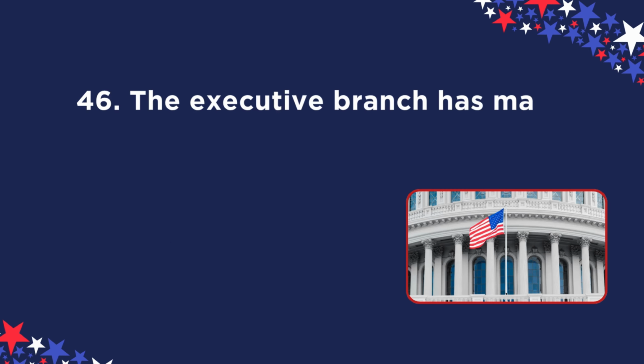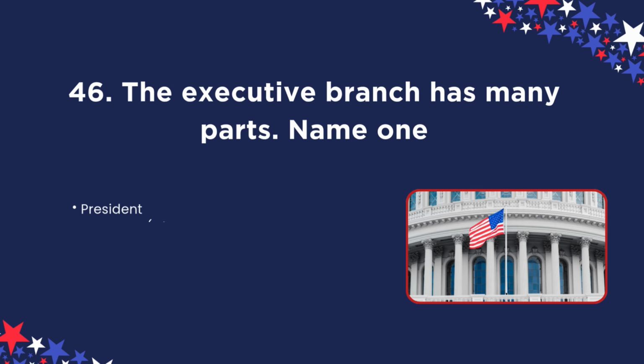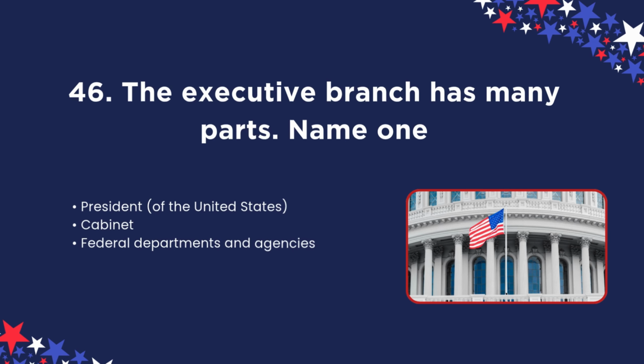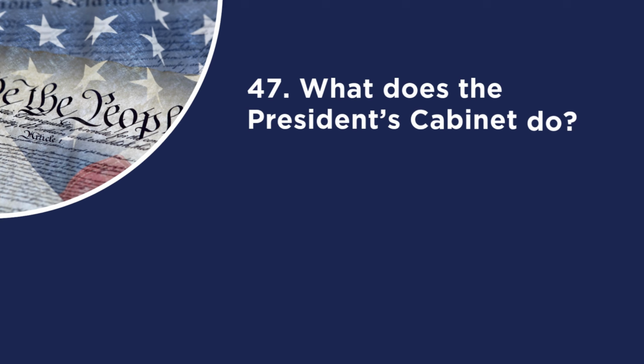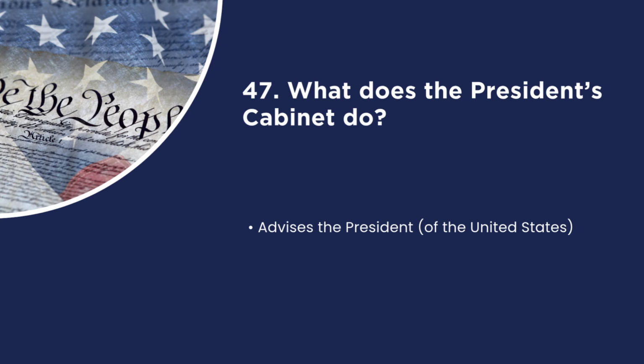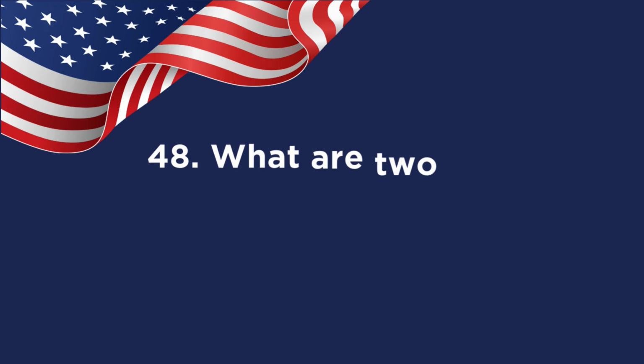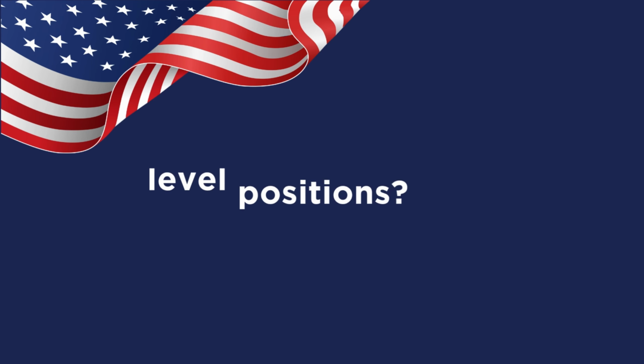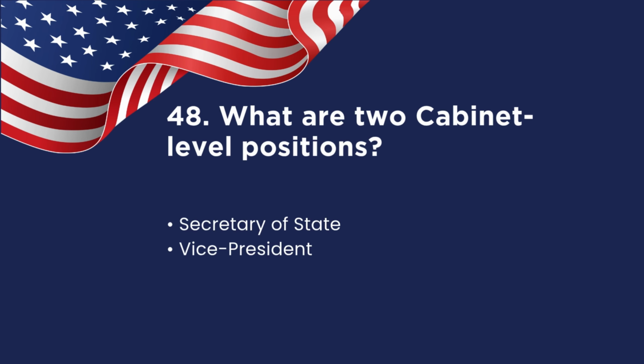The executive branch has many parts. Name one. The President of the United States. What does the President's cabinet do? Advises the President of the United States. What are 2 cabinet-level positions? Secretary of State and Vice President.